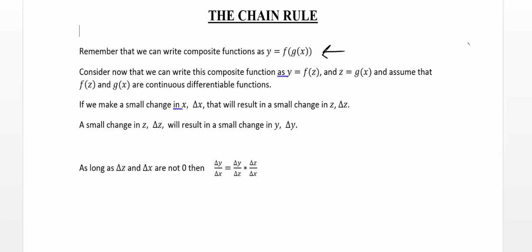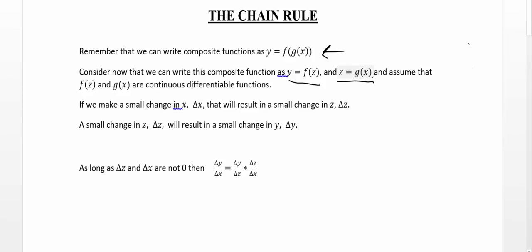Now we need to consider how we might take the derivative of a composite function. In order to get to the rules that we're going to use to take the derivative of composite functions, let's do a little analysis on the composite functions that we've looked at before and see how we can derive the rules we're going to use. So, considering the function f of g of x, I'm proposing we can rewrite this as y equals f of z, where z equals g of x.